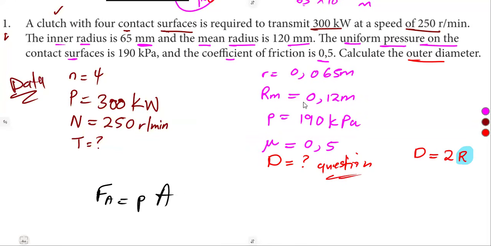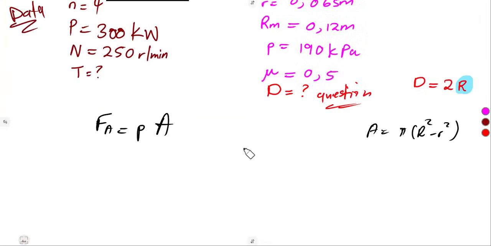But definitely, guys, where we have the inner radius and the outer radius, our area is given by pi times r squared minus r squared, the outer minus the inner. So that is going to be our formula at the end. Pressure times pi (r squared minus r squared), of which we can make this one the subject of the formula. It's possible, guys, from our mathematics, it's possible.